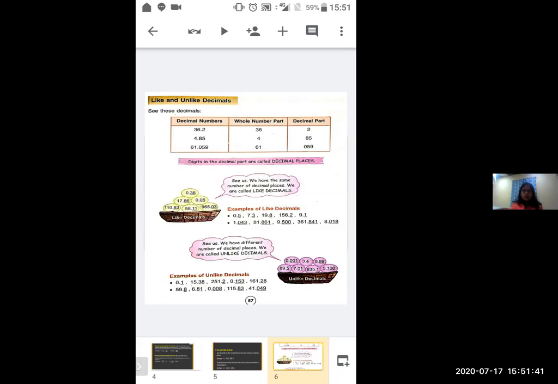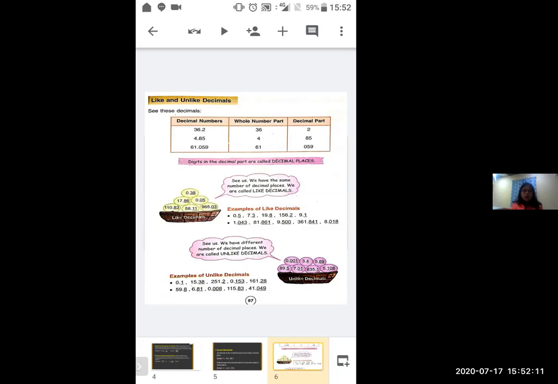These are examples of decimal numbers in which the left part is the whole number part before the decimal point, and the numbers after the decimal point are the decimal part. The digits in the decimal part are called the decimal places.